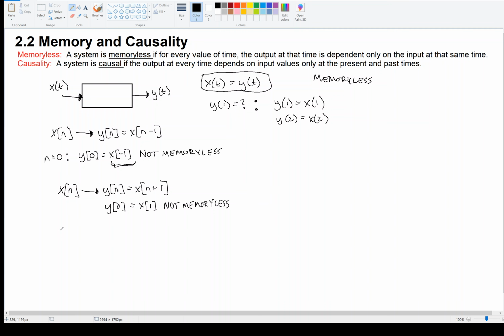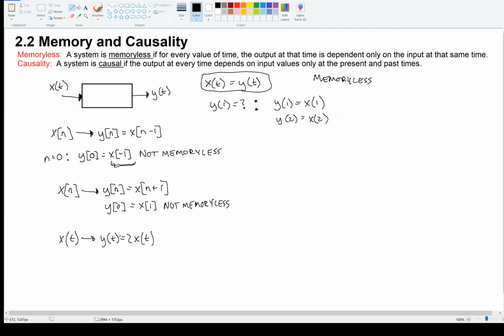Let's take another example. How about a continuous time proportional block? So y of t is equal to 2 times x of t. Well, you see right away from the definition that y of t only requires x of t. It does not require x of t minus 1 or x of t over 2 or anything like that.